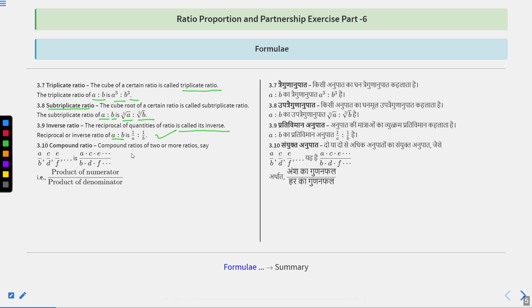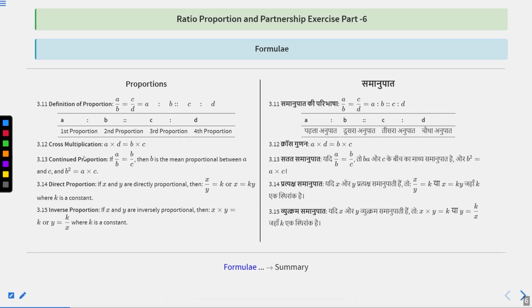What is compound ratio? Compound ratio of two or more ratios is the product of the numerators upon the product of the denominators. If A upon B is one ratio, second is C upon D, and third is E upon F, then we can write it in the form of A into C into E upon B into D into F. This is called compound ratio.